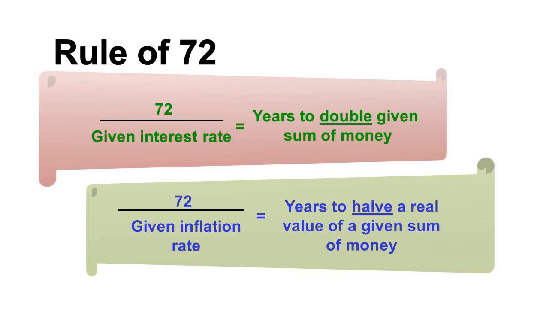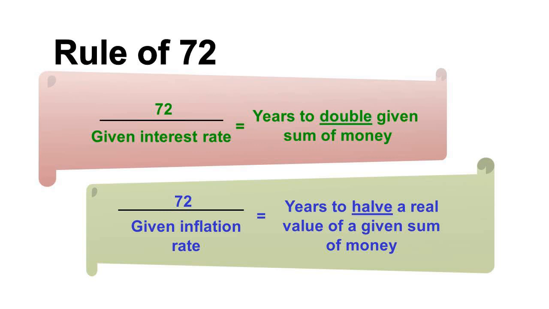Now, there's another formula that you need to remember. Whenever you see a number multiplied by 2 or halved, then you know this is the rule of 72 equation. It's nothing to do with the future value, present value. Okay, rule of 72 says what? 72 divided by interest rate, you get the years.